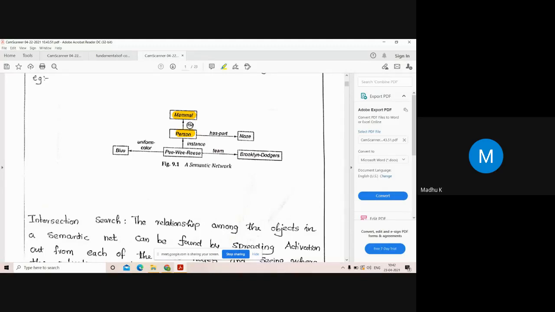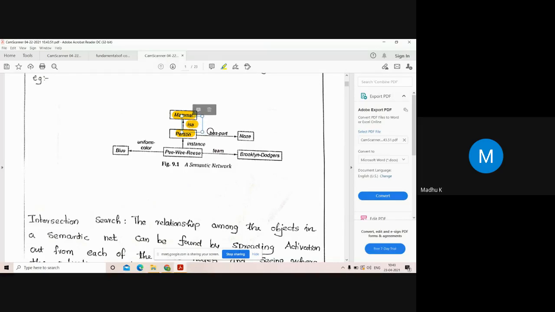Then we will use an arrow from person to mammal to represent the relationship between mammal and person. And this relationship is an is-a relationship. Okay, we are using an is-a relationship.